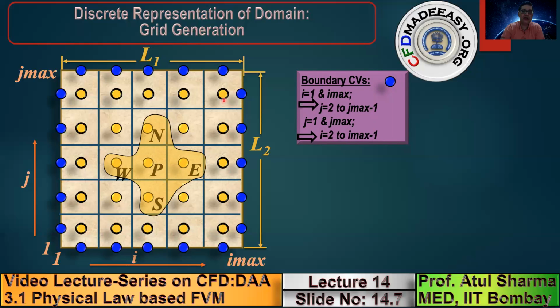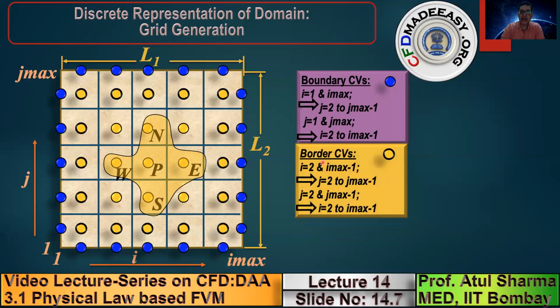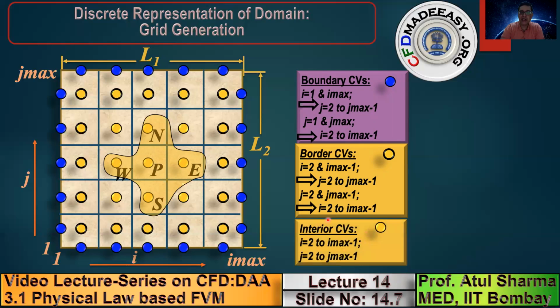The yellow circles with a thicker boundary are called border. I am saying that these are border control volumes, and the remaining circles I am calling interior control volumes, and both of them together I'll call internal control volumes. So for the yellow circles I'm using three words: internal, interior, and border.